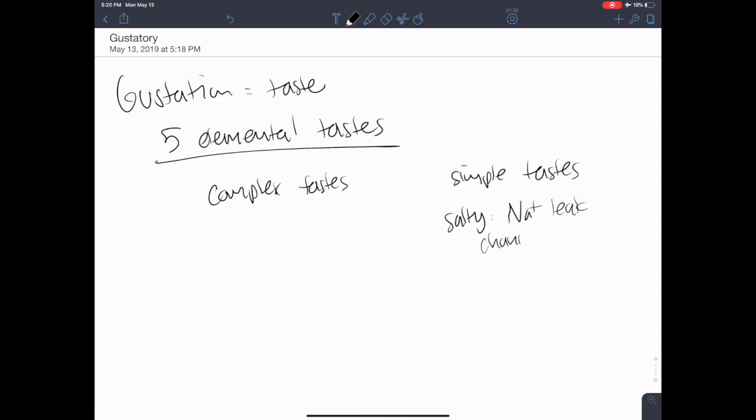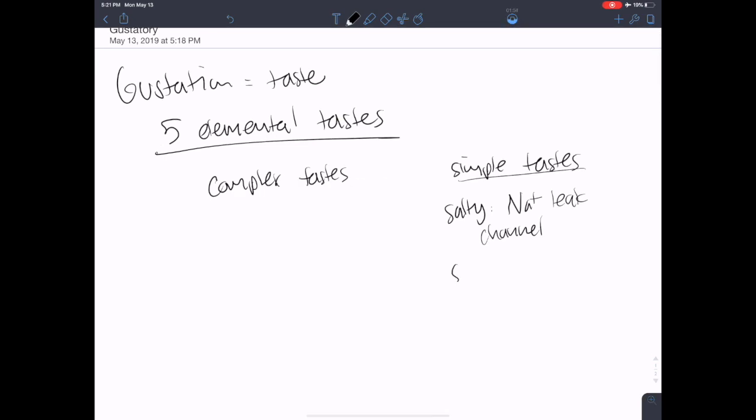So it always has a conductance to sodium, and sodium entering the mouth via salt, sodium chloride, just directly goes into the cell and depolarizes it. So you get a simple way in which these sodium ions go right into the cell, depolarize them, and lead to the perception of salt.